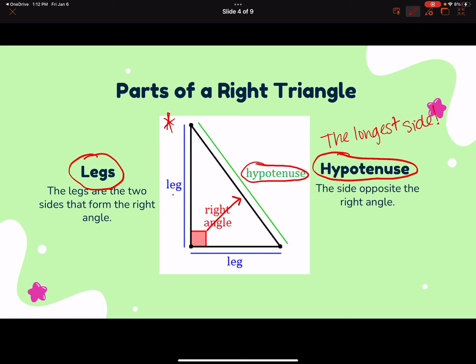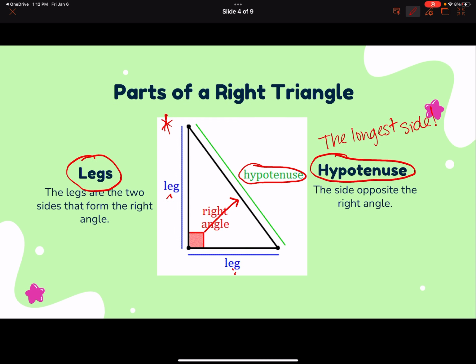So again, the legs are the two sides that touch the right angle. They're the two shorter sides, and the hypotenuse is the one across from the right angle, and it is the longest side. Go ahead and pause this video if you need more time, because I'm going to move on to the next slide here.